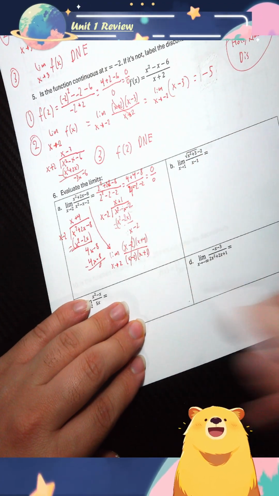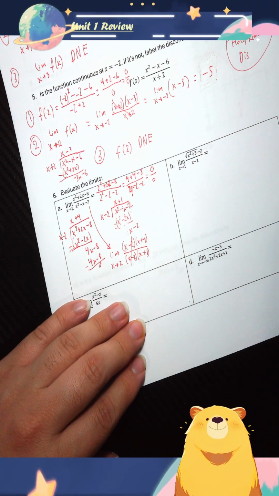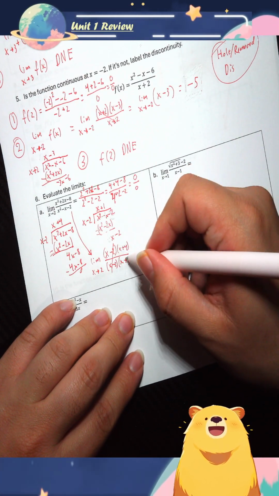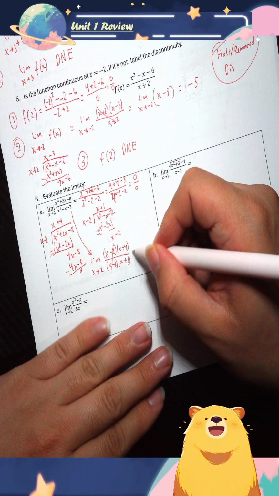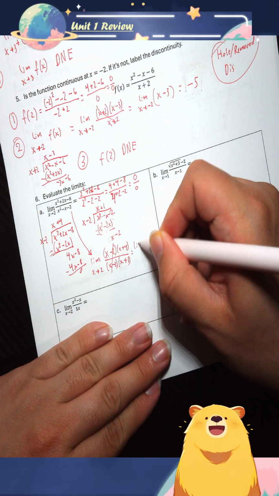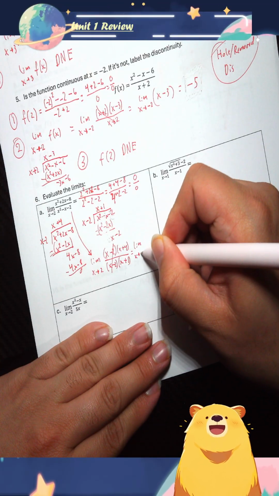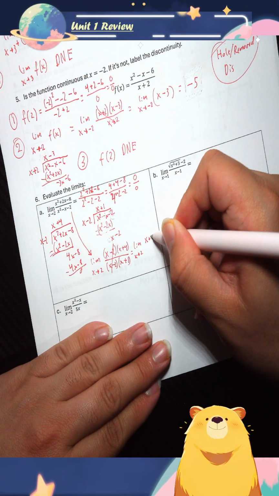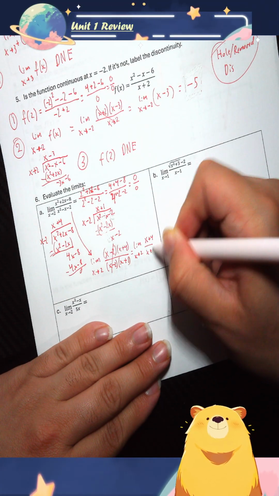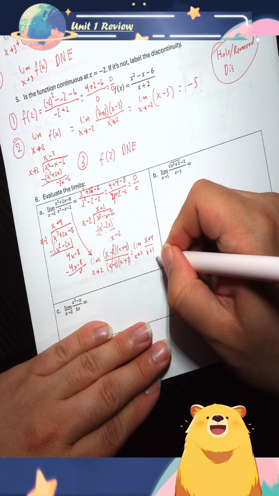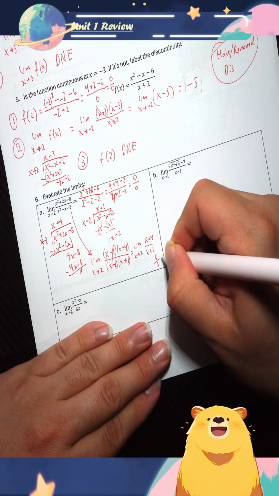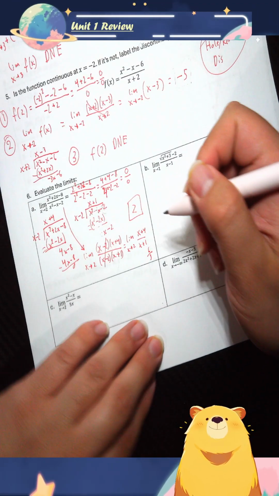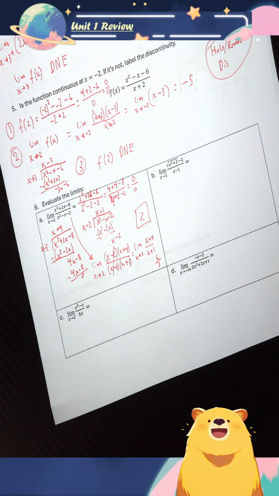Cancel those out. And we get x plus 4 over x plus 1. From here, we can just do the classic substitution method. And we get 6 over 3, or just 2. Because 6 divided by 3 is 2.